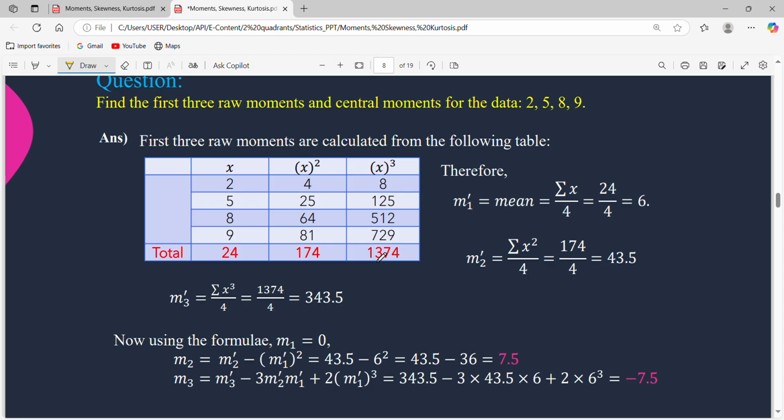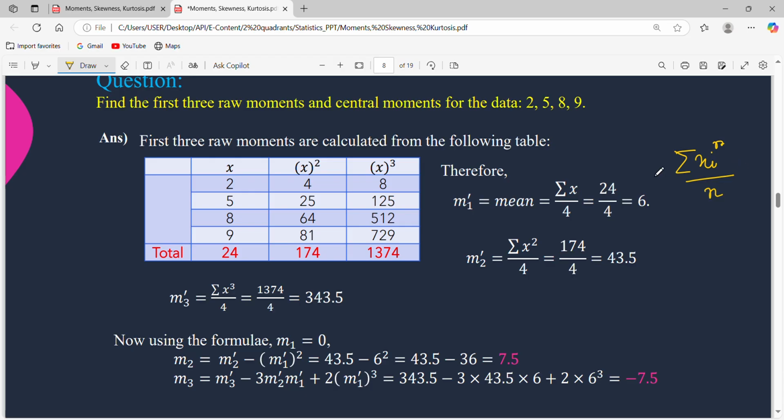So for the first three raw moments, what is the formula? The formula is summation xi to the power r by n. So first three moments means r equal to 1, r equal to 2, r equal to 3.